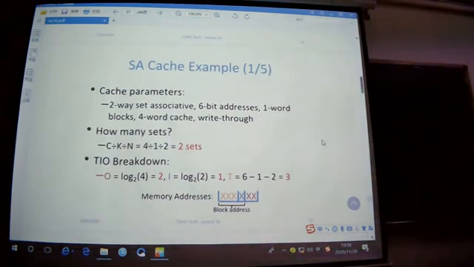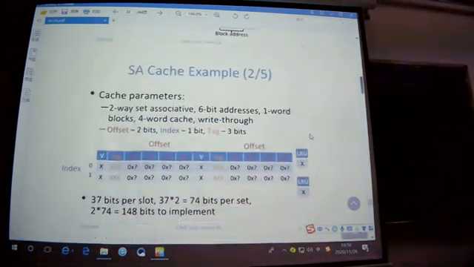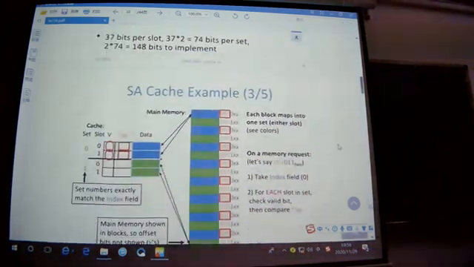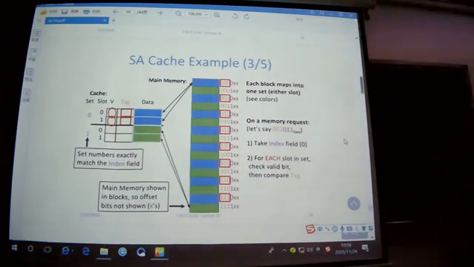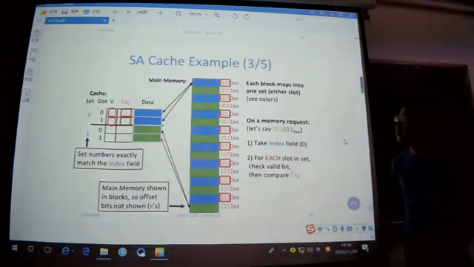What is SA? We can find a 2-way set associative cache with 6-bit addresses, 1 word block, 4 word cache, and write through. This is an example SA cache. This is the SA cache in the image.